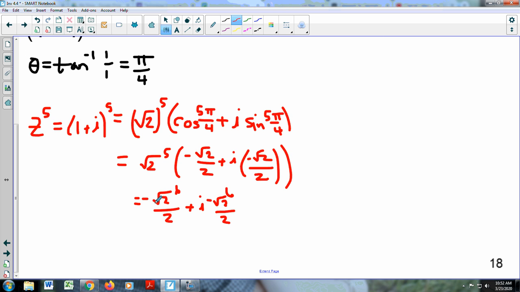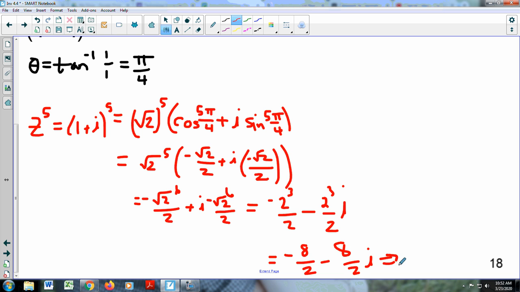That's square root of 2 to the 6th power, which becomes negative 2 to the 3rd over 2, minus, I'm just pulling that minus out front, 2 to the 3rd over 2 i. This simplifies to negative 8 over 2 minus 8 over 2 i, which is negative 4 minus 4i. So negative 4 minus 4i.